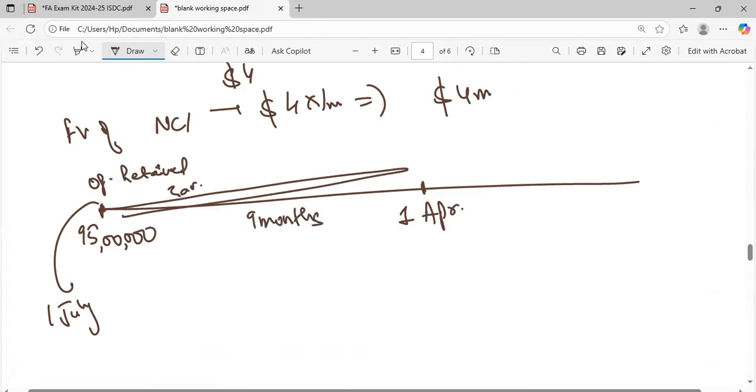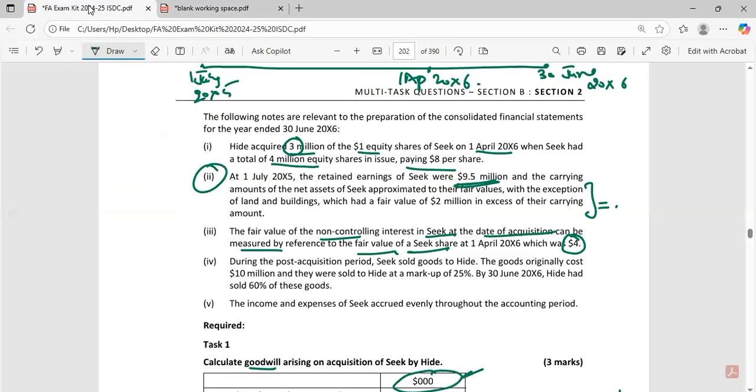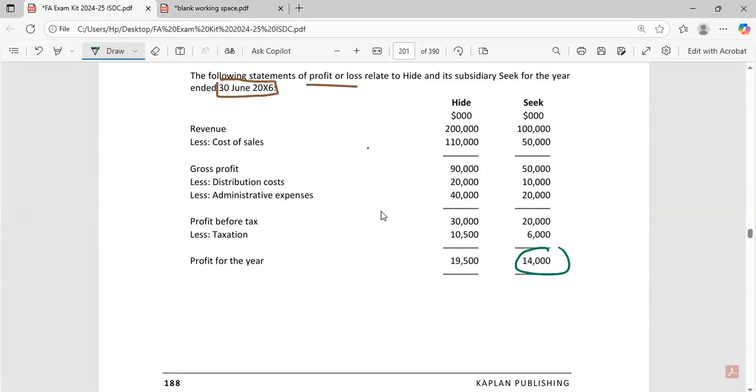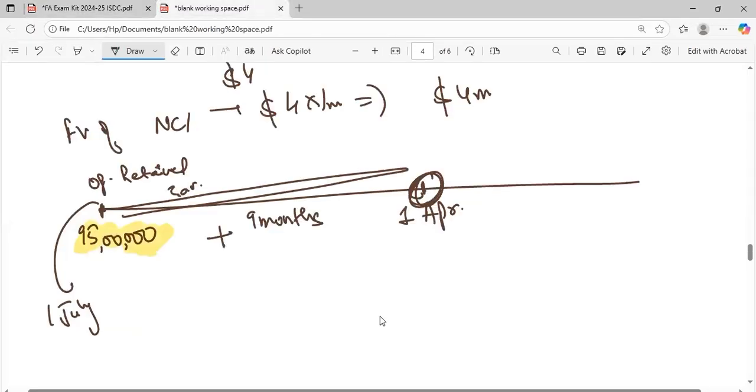Okay, so in order to calculate my retained earnings at 1st April, what I'm going to do to this figure, I'm going to add profits of 9 months. So see, what were the profits? Let's see. We will find it over here. The profit was 14,000. Profit for the entire year was 14,000. So the profit for 9 months would be 14,000 times 9 by 12, right?